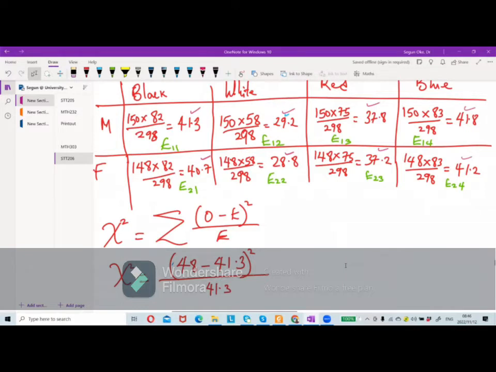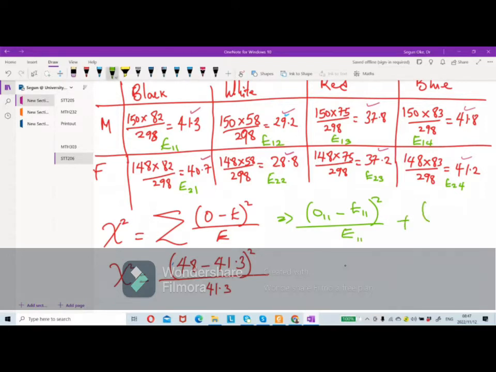So now it simply means that what I did, the first one will be O11 minus E11 squared divided by E11. That is the meaning.